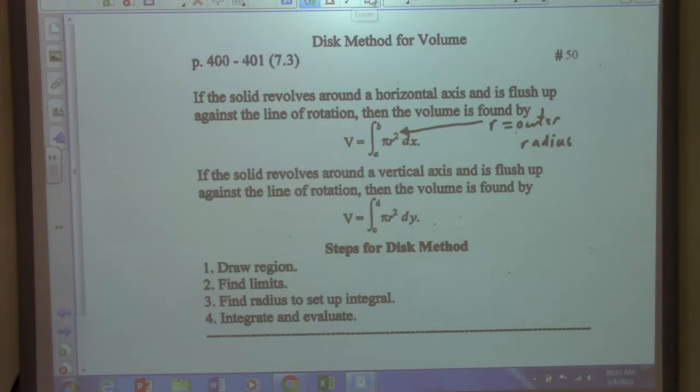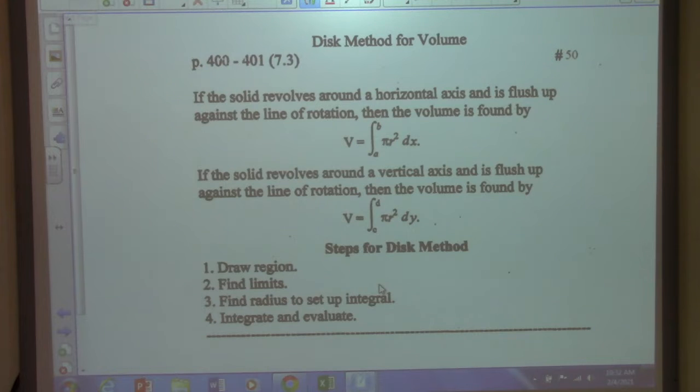We're given a little step process to figure out what to do: draw the region to figure out what's going on, find the limits or bounds of integration, find the radius r to set up the integral, and then use our formula to integrate. Our limits would be a and b, our r would be our radius, and that's it. Other than that, it's a very simple problem to do.